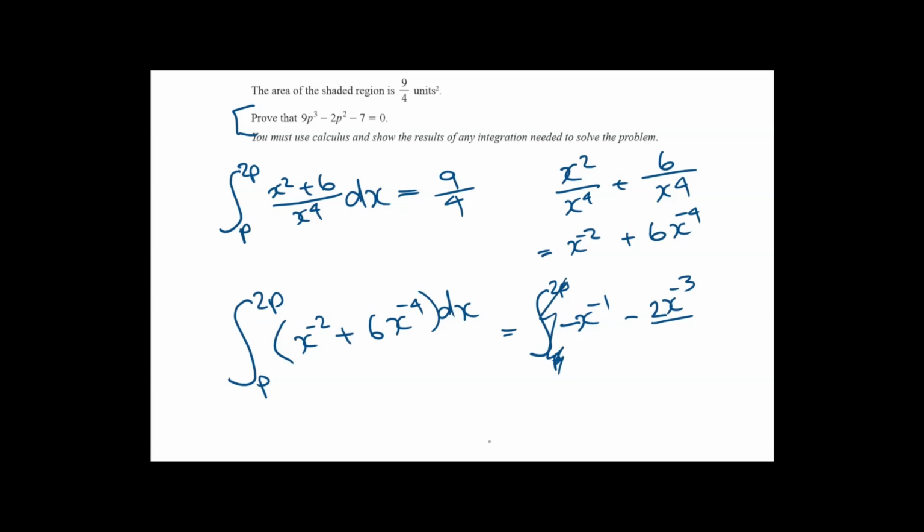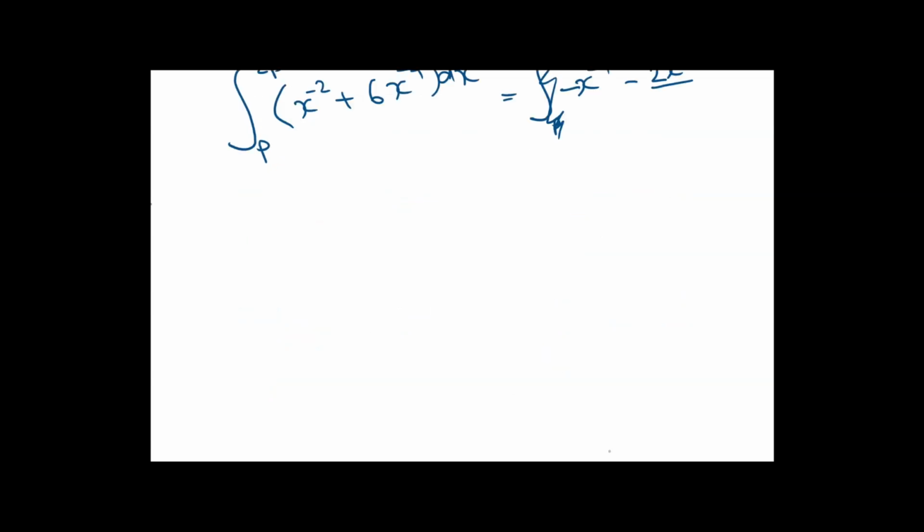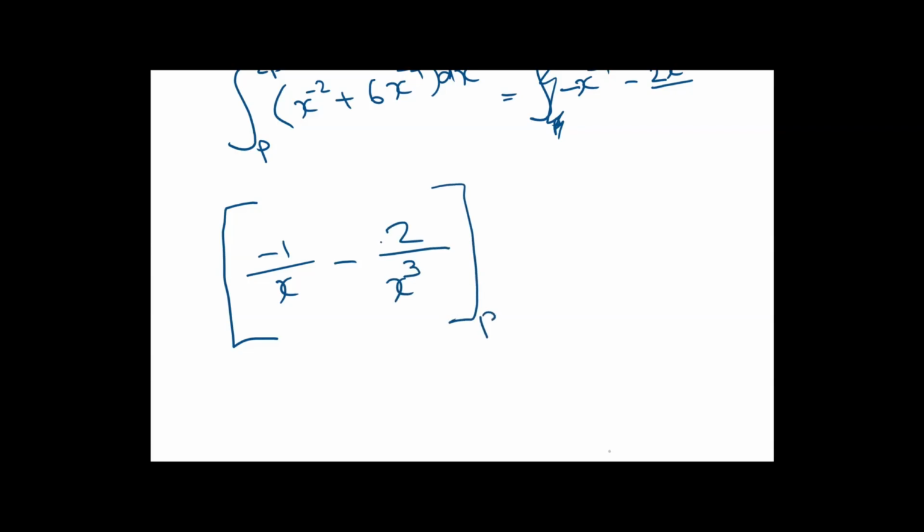Let's go. So now, when we evaluate, we get negative 1 over x minus 2 over x cubed evaluated between p and 2p, and that equals 9 over 4.